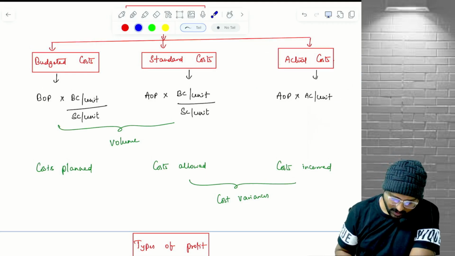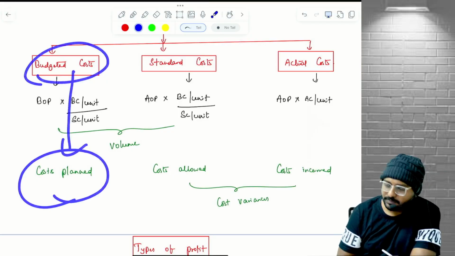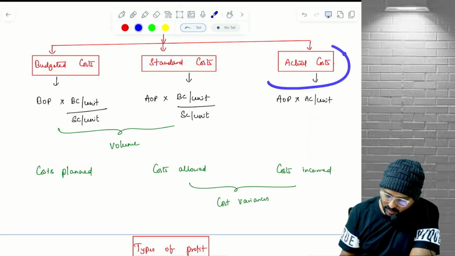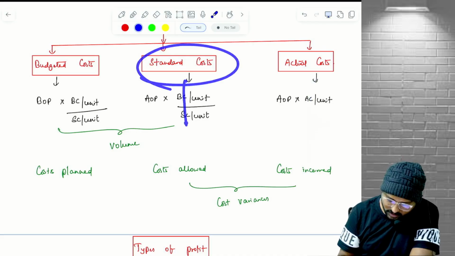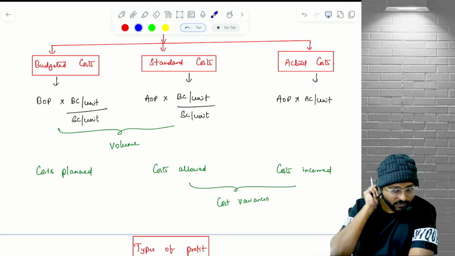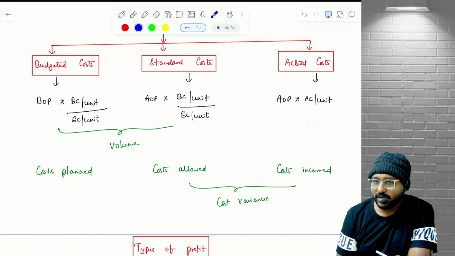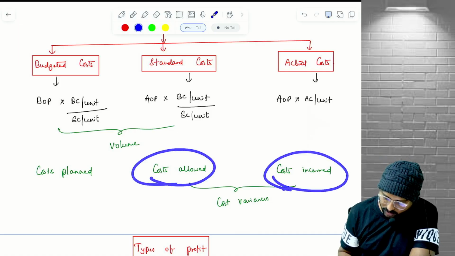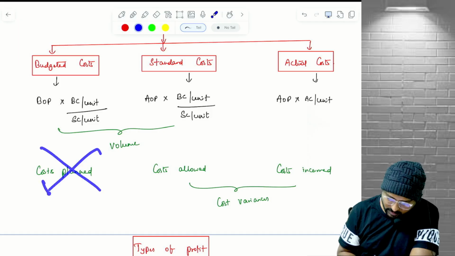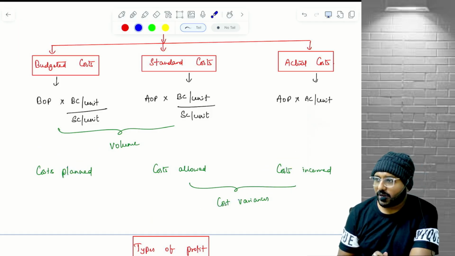Now, in other words, budgeted cost is nothing but what you plan. Okay? Actual cost is nothing but what you have actually incurred. Standard cost is nothing but what you allow. Very important. Now, all the cost variances that we are going to calculate in this particular chapter is the difference between what you allow and what you incur. It is not the difference between what you plan and what you incur. So this is where many people, they don't have clarity.